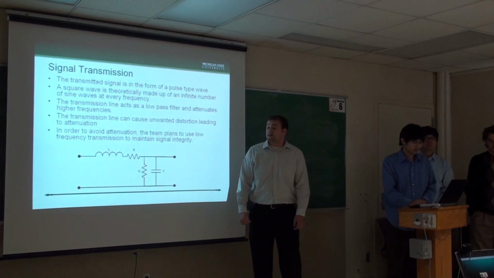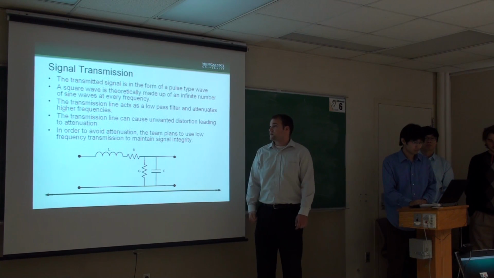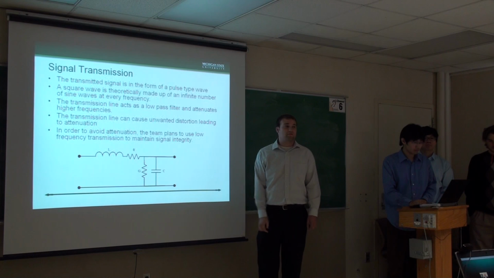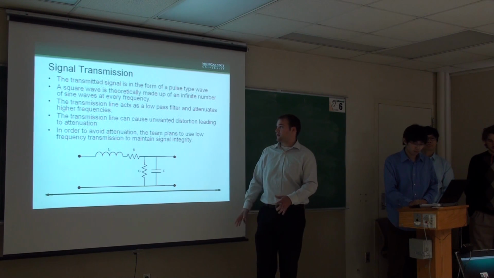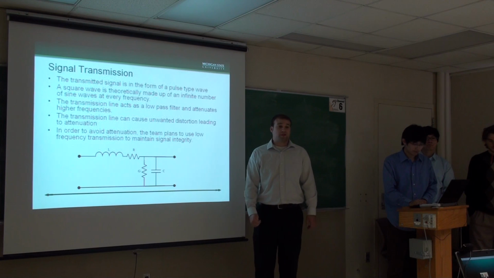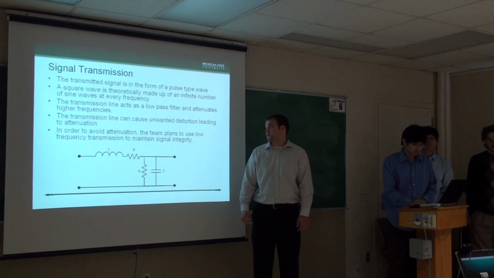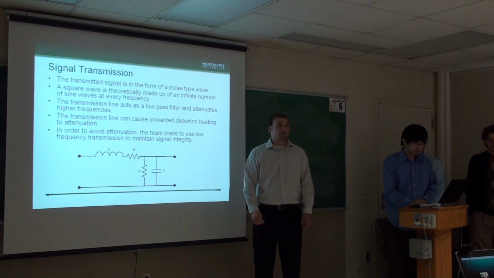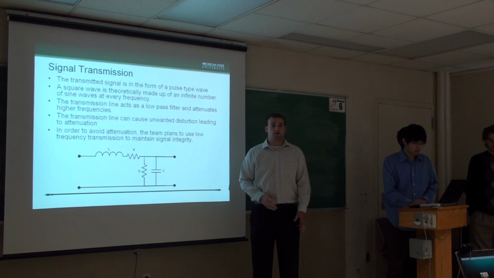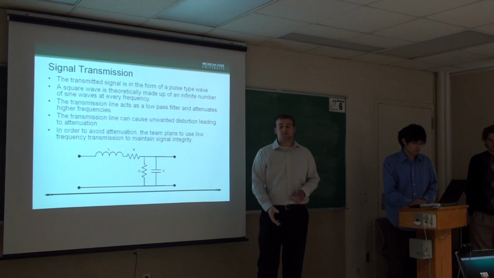The next part is the signal transmission. Once the pulse waveform is created, you transmit it over the mile-long transmission line, which acts as a low-pass filter. This can cause distortion because the square wave is theoretically made up of an infinite number of sine waves.